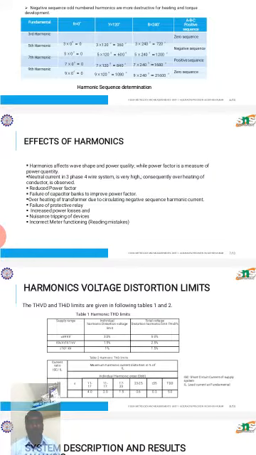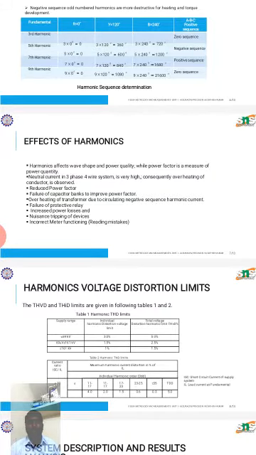Next one, reduced power factor. Next one, failure of capacitor banks to improve power factor. Next one, overheating of transformer due to circulating negative sequence harmonic current. Next one, failure of protective relay.